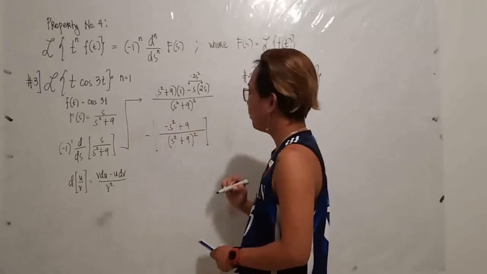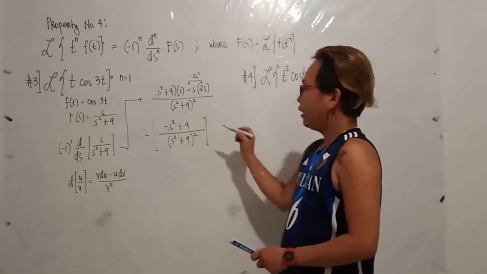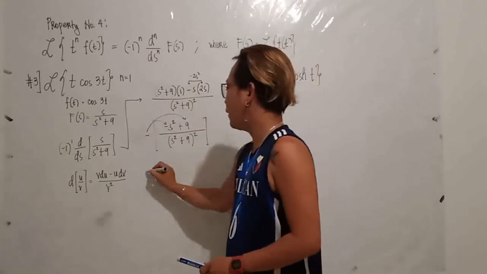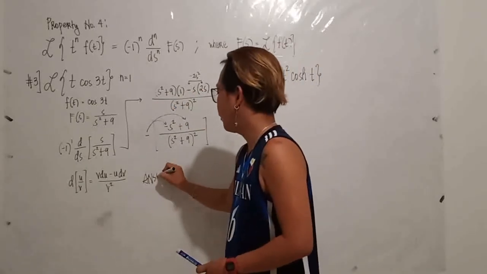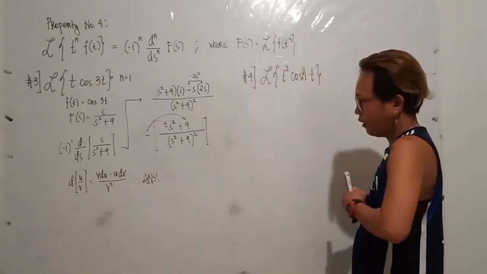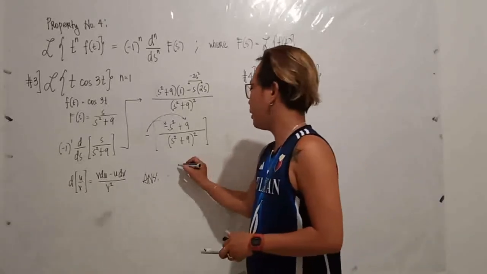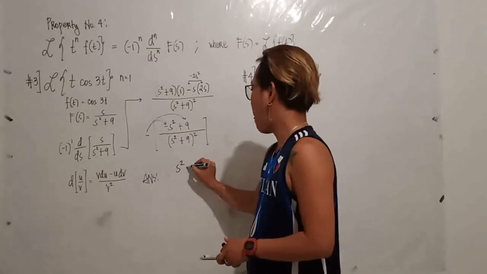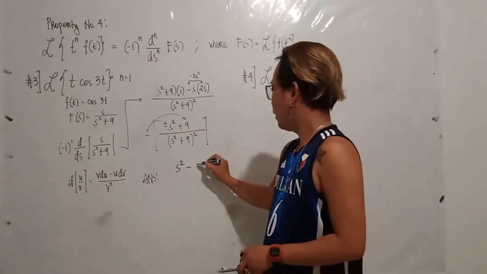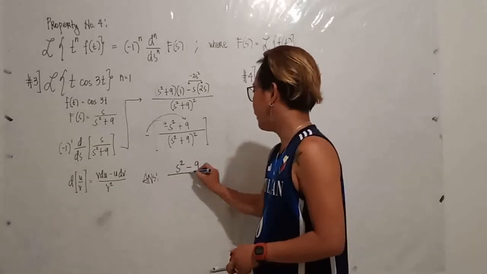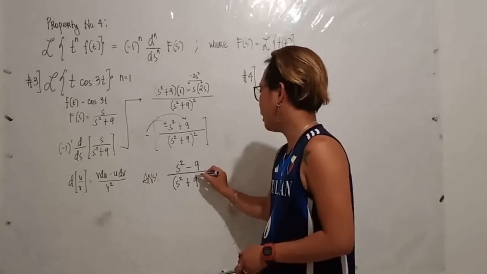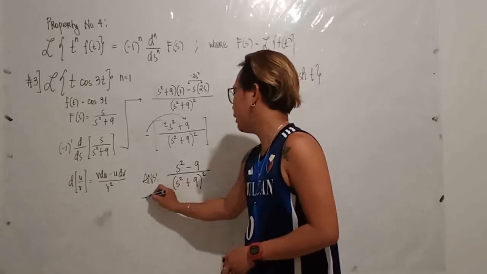So that's multiplied to negative 1. Then distributing this, you will now have your final answer as positive s squared minus 9 over s squared plus 9 squared.